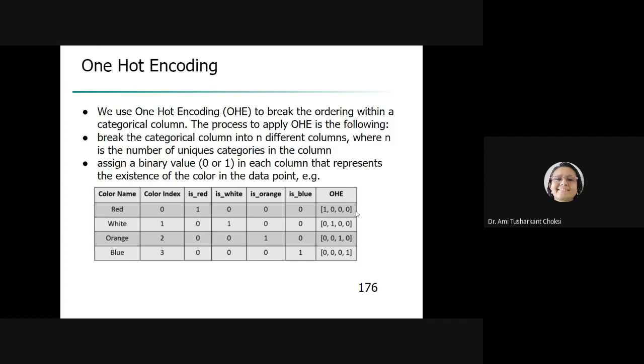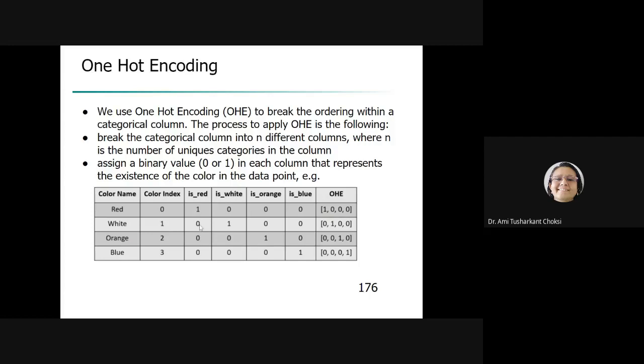So according to the one hot encoding, we have represented the color red as a 1, 0, 0, 0 array or list, isn't it? Same way for white. We'll consider 1 as the index.